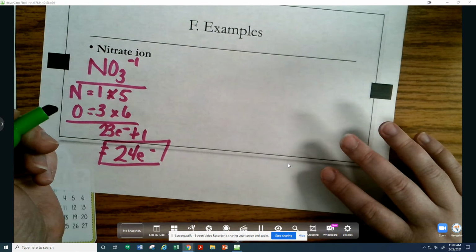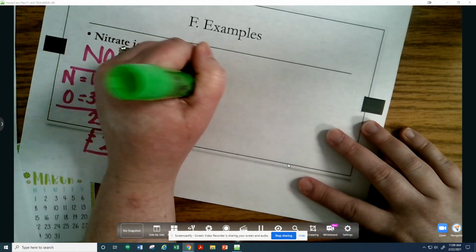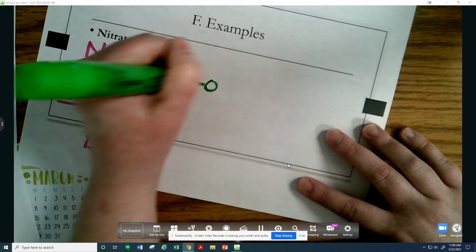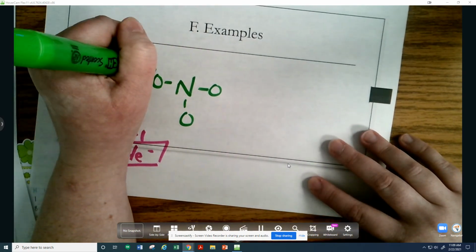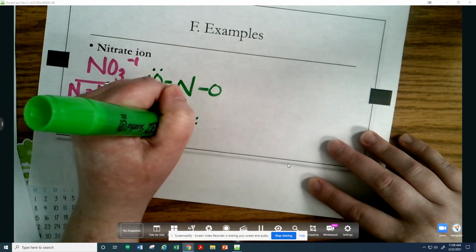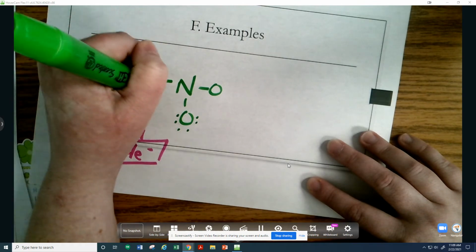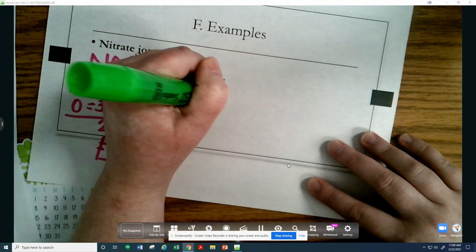So to do the resonance structure here, we have nitrogen as our central atom, 3 oxygens surrounding, taking care of 6 electrons. So here we have I have 2, 4, 6, 8, 10, 12, 14, 16, 18, 20, 22.